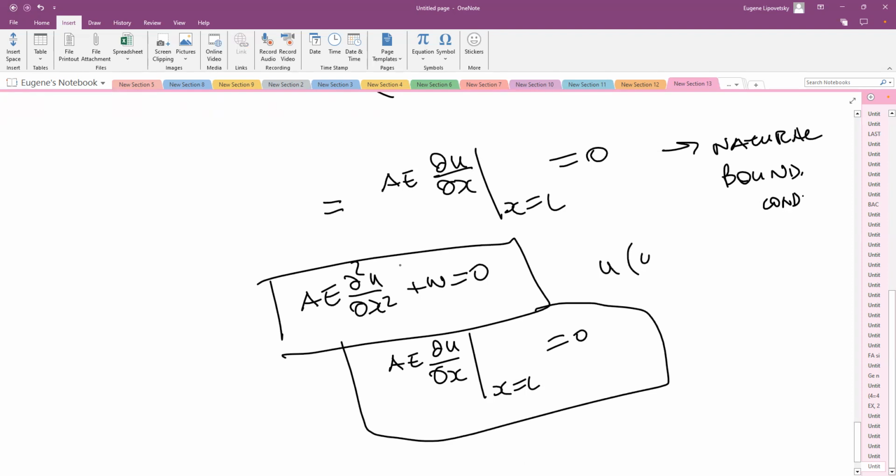U of 0 equals 0, that's the natural, no, that's the essential boundary condition. I always confuse those names. Essential boundary condition. What it tells you is that it's fixed at the left end. This one is going to be the natural boundary condition.